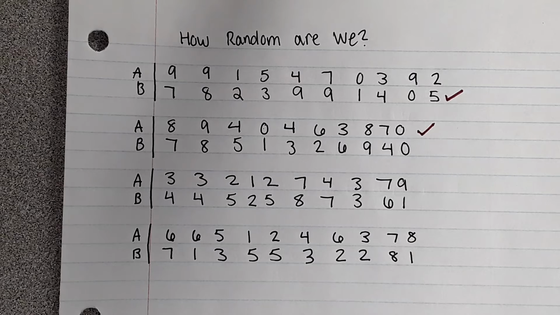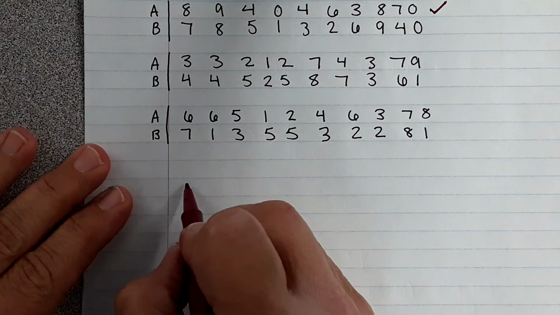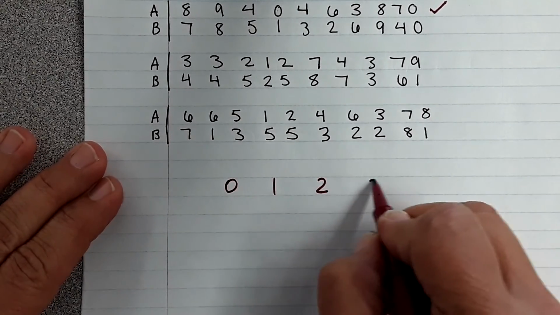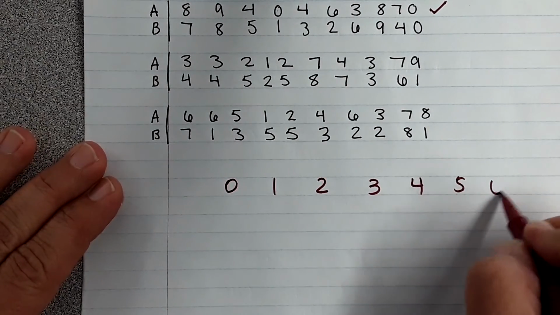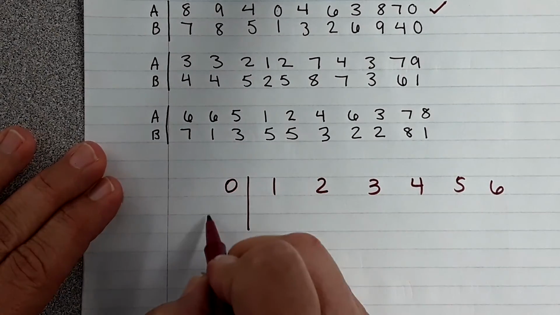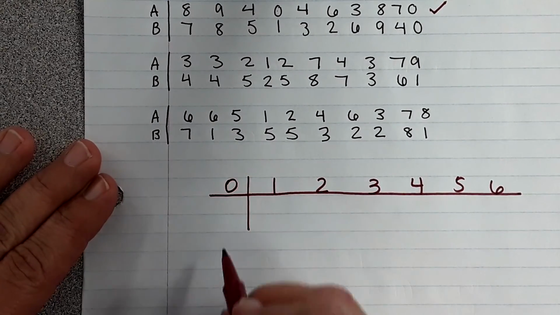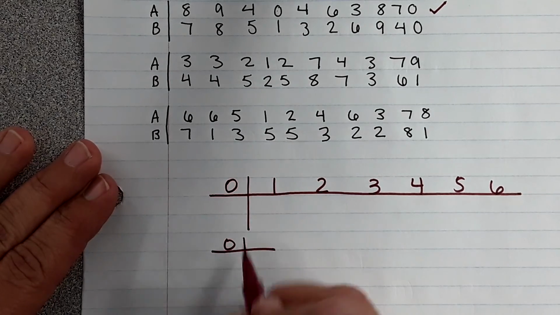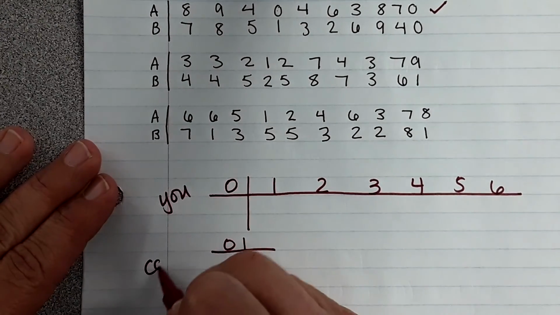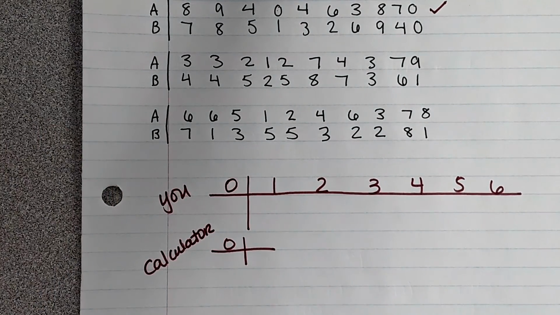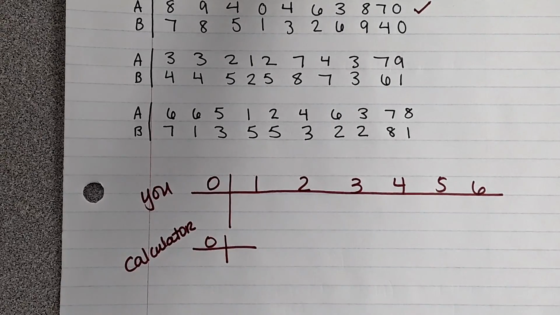So I want you to do a little chart, with 0, 1, 2, 3, 4, 5, 6 and then tallies, right? So I picked 4 zeros. Then you'll do the same thing for the calculator. So this will be you, and this is the calculator. Just your individual. And then what I want you guys to do is pack up.